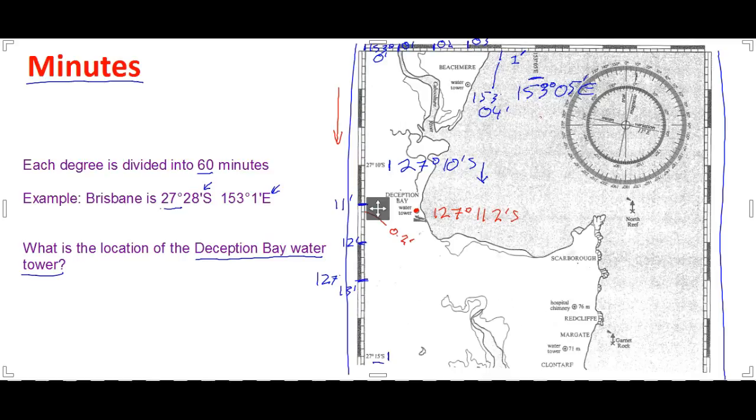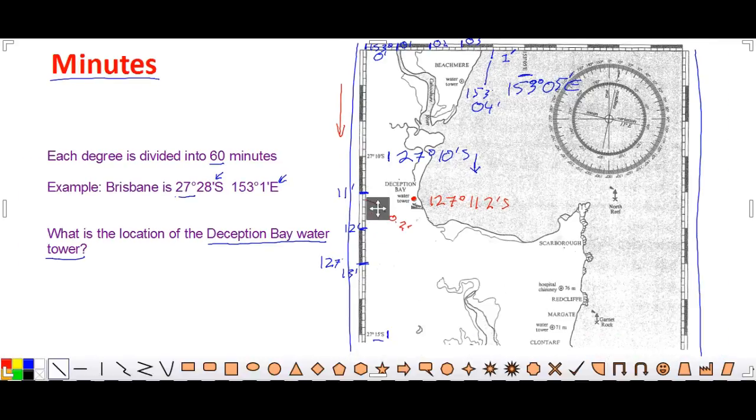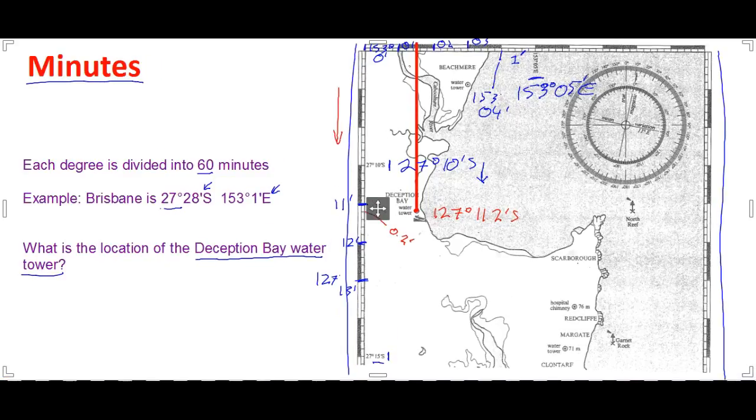So we know 153 and 5 is here, 153 degrees, and 4 is here, 3 is here, 2 is here, 1 is too far. So it's between 1 and 2. Okay? Let's have a look. It is there.